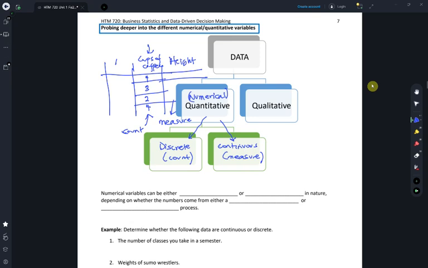So numerical variables can be either discrete or continuous in nature, depending on whether the numbers come from either a counting operation or a measuring process.